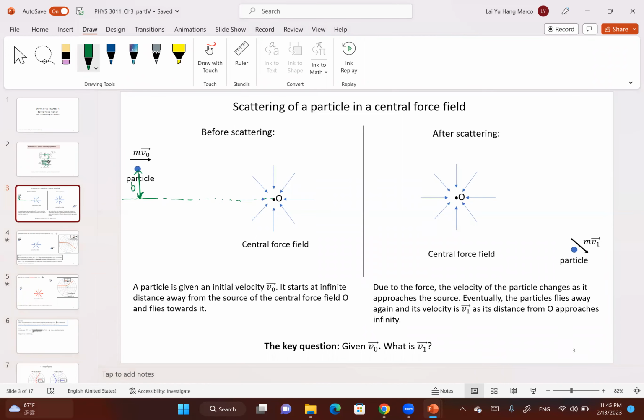As the particle goes in, it gets closer and closer to the central force field, which means it will get attracted. That's why the direction of the particle will change, and you could imagine that the trajectory might look something like this.